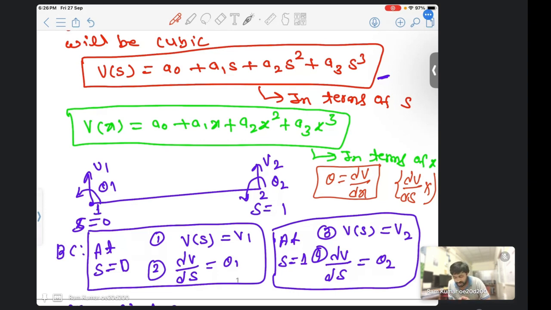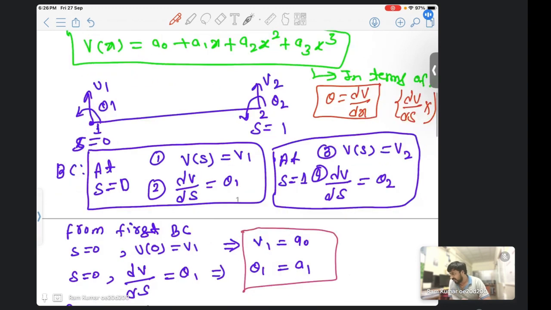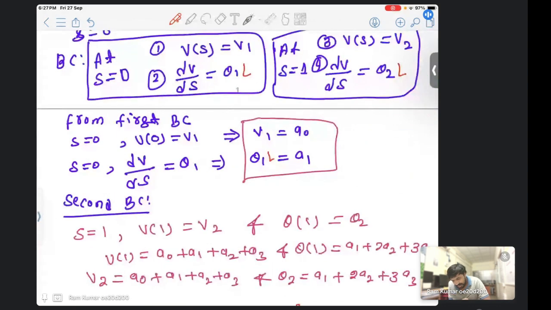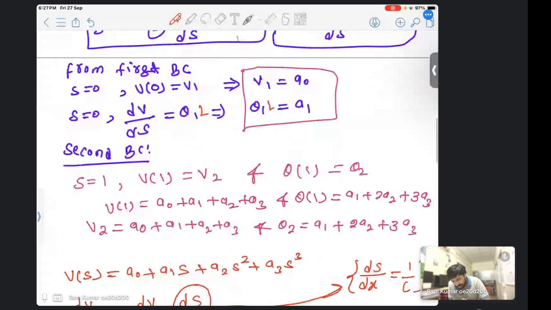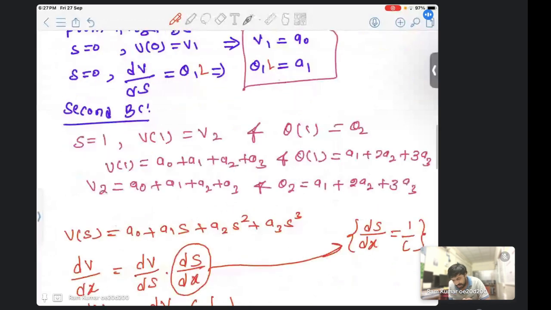I think now we got it. So we have to multiply here by L. So this will be theta 1 L, theta 2 L. Then this one also will be L.